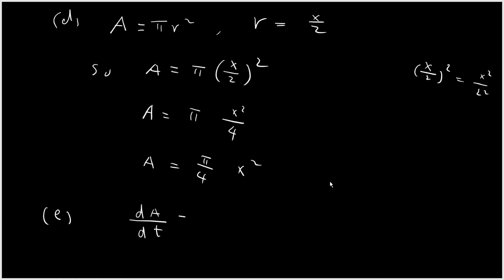On the right hand side you have a constant, pi over 4. You leave out the constant, so differentiate x squared with respect to t. So you have 2x, which is the derivative of x squared with respect to x. So do not stop here. After differentiating a function of x, follow that by dx over dt, the same as before, right?